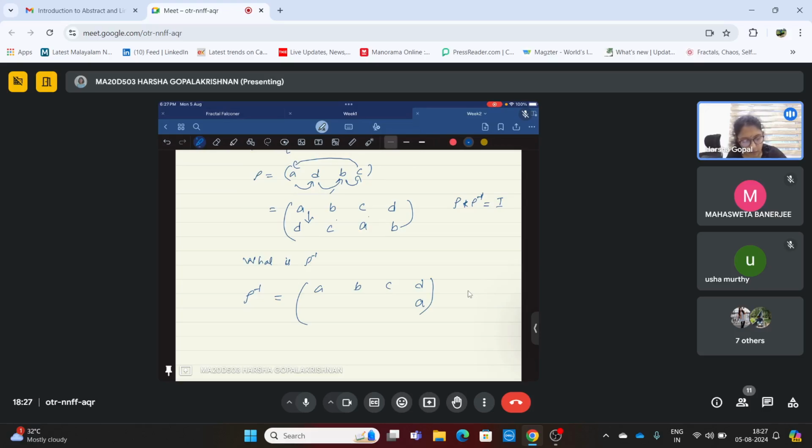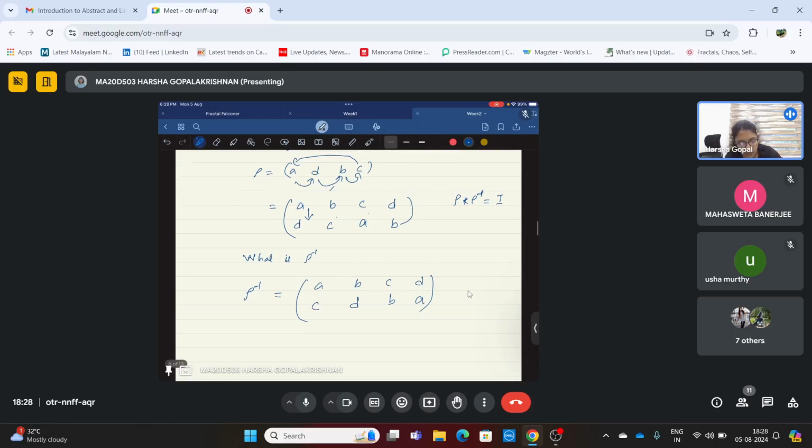Now B is going to C. So C should go to B. Next C is going to A. So in the inverse A should go to C. And the last element, D is going to B, so B should go to D. This is the easy way to write it, just reverse the process, because inversion is the reverse of the thing.